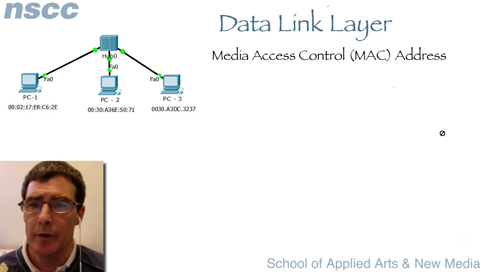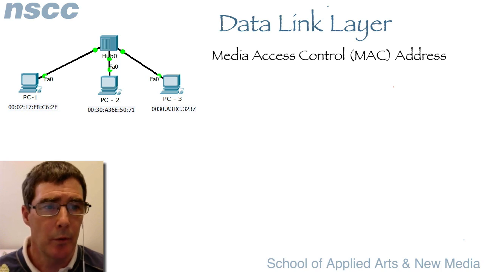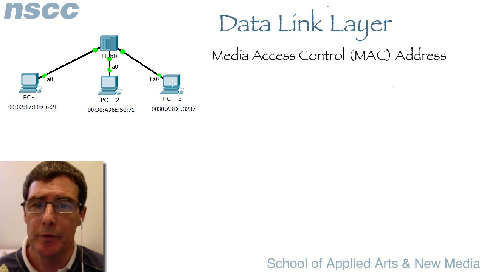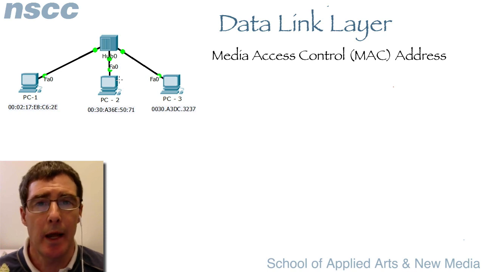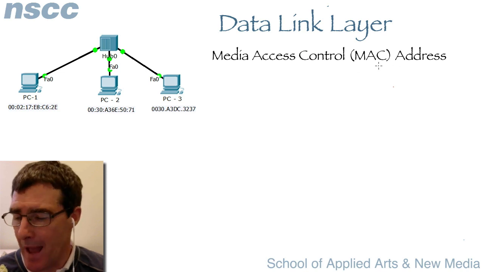Now what we have here is a very simple local network with three computers. And in order to move data from one machine to another, you need some type of designation or address for a machine. And at this layer, it's called the Media Access Control Address, or MAC address.